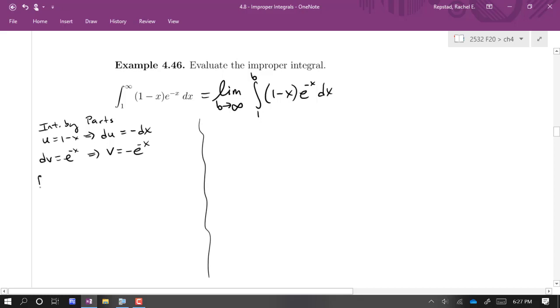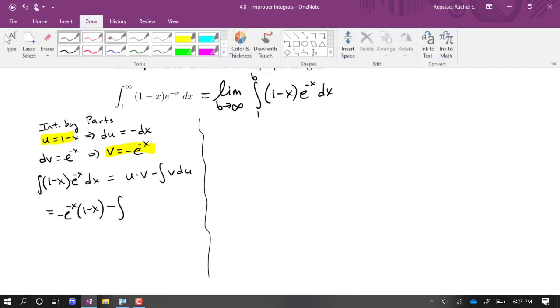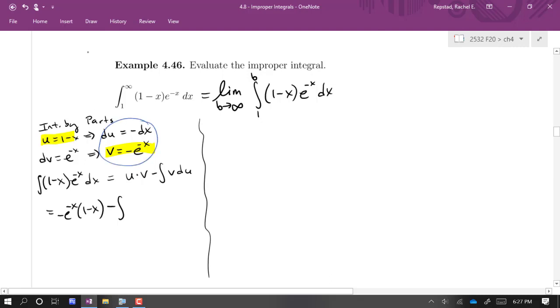So the indefinite integral of 1 minus x times e to the negative x is u times v minus the integral of v du. So let's see how this shakes out. U times v: negative e to the negative x times 1 minus x, minus the integral of negative e to the negative x dx.